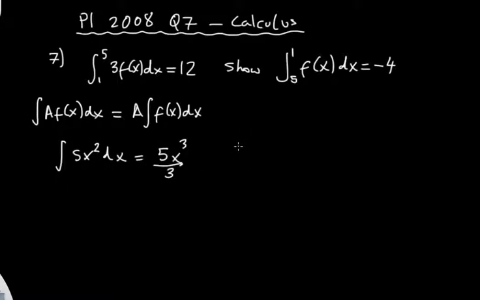What about this one? If I take out the constant, then the integral of this is just x cubed over 3, and this 5 multiplies at the end, and I get 5x cubed over 3.